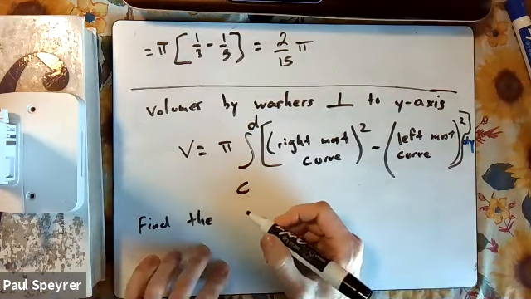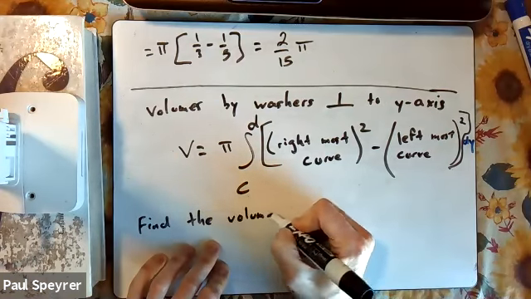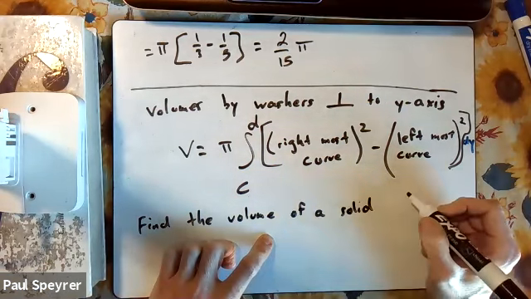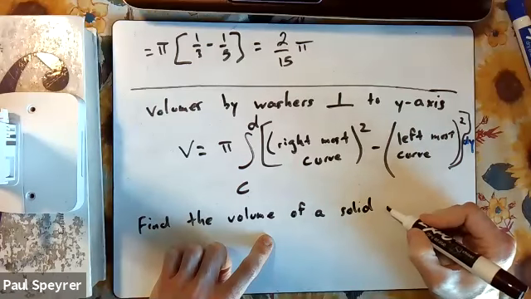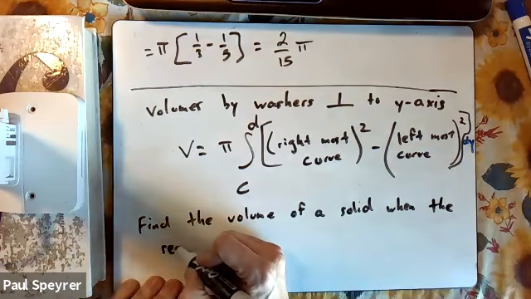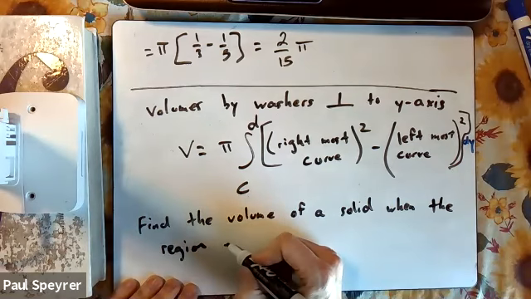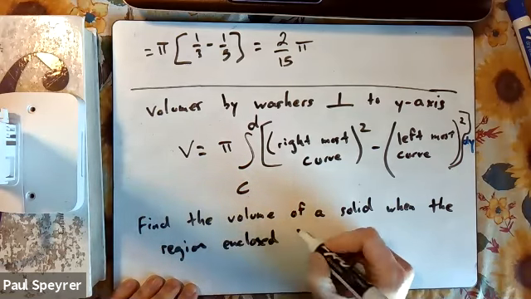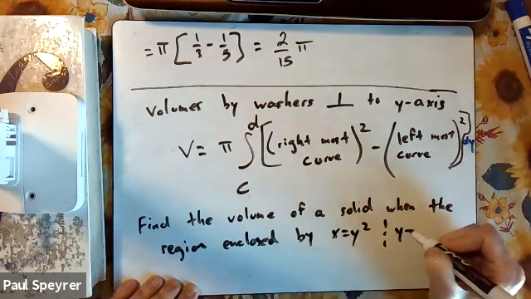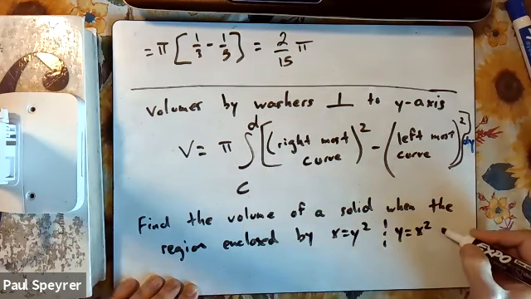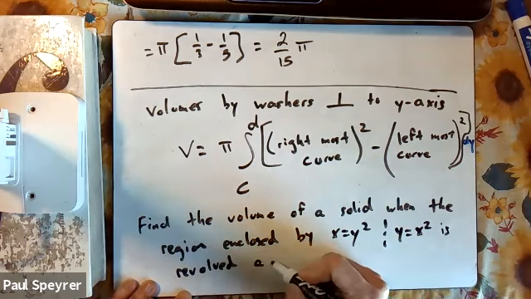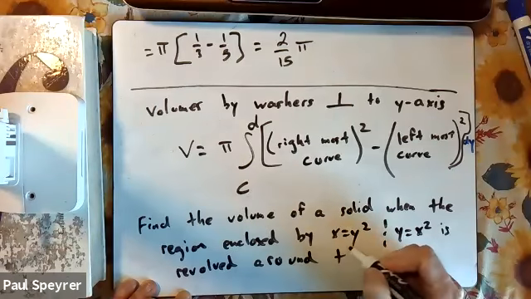So let's check out a few. Find the volume of a solid when the region enclosed by x equals y squared and y equals x squared is revolved around the y-axis.